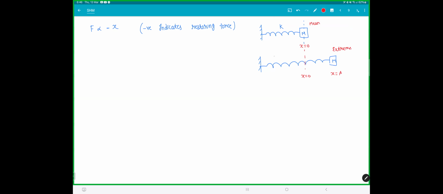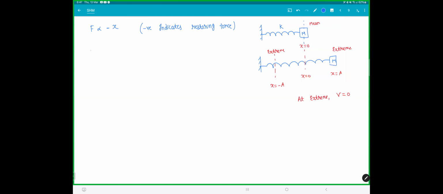This is the positive extreme, and this side, x is equal to minus A, is your negative extreme. So this block is going between minus A and plus A. What will be the velocity at the extreme position? V is 0, right? Obviously V is not 0, what will happen? It would have gone further. So at extreme positions, the velocity is 0.